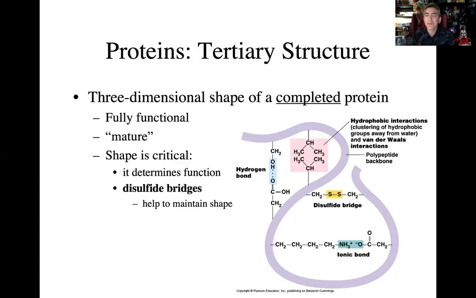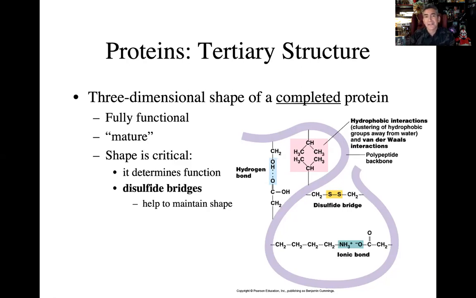Now it's fully functional. And tertiary structure reminds me of a high school graduation. Maybe some of your early college students, I'm not sure, but if you remember graduating from high school, let's say you're 18, you graduated, like, yes, I graduated from high school, I'm an adult, I'm on my own, I can do whatever I want. And then, oh, damn, I'm an adult. Now you gotta kind of go to work.